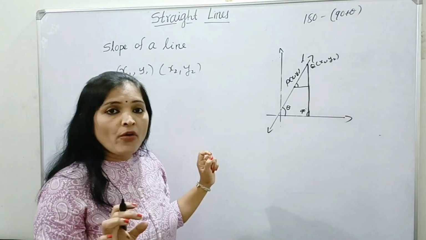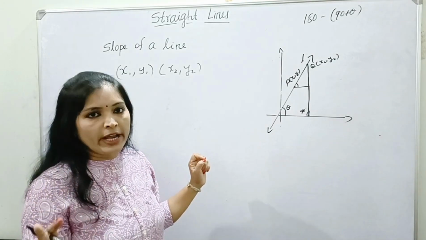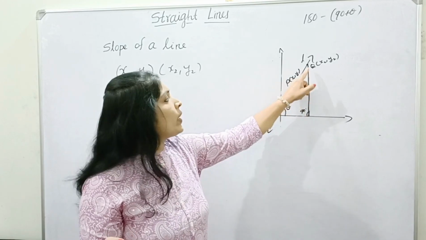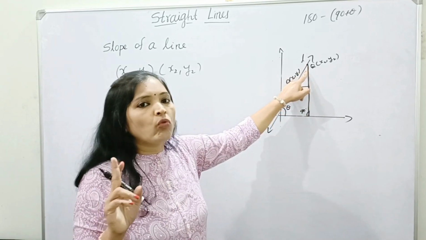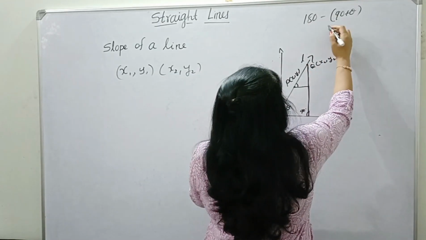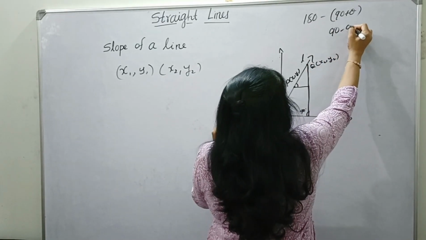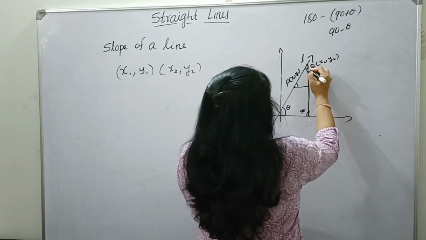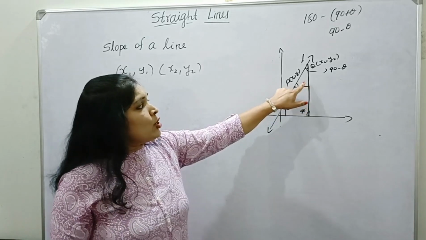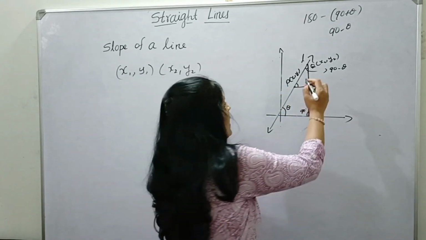Remember, the sum of interior angles of a triangle is 180 degrees. So we have theta and 90 degrees. This angle is nothing but 180 minus 90 plus theta, that is 180 minus 90 minus theta. So this angle is 90 minus theta. Here it is also 90 degrees, isn't it?